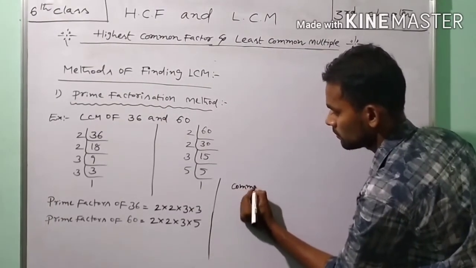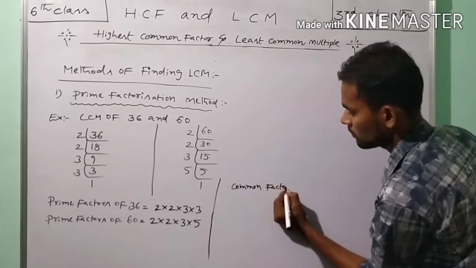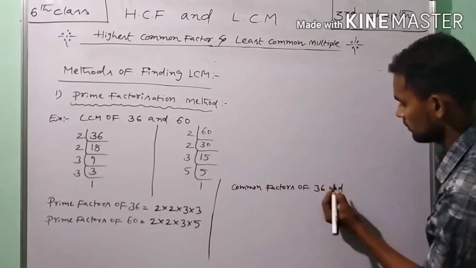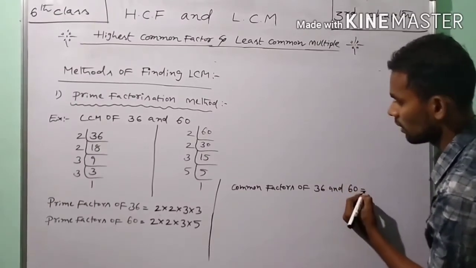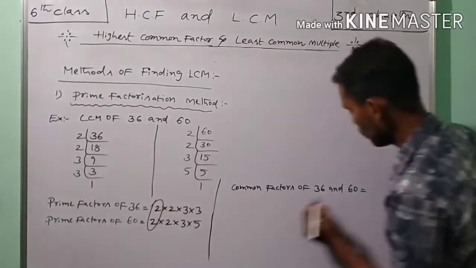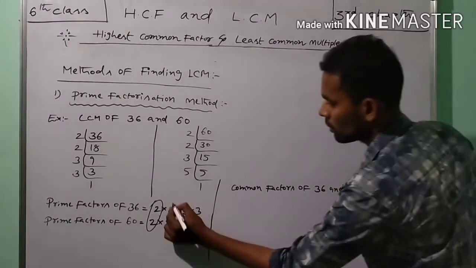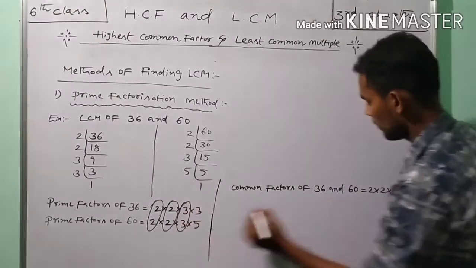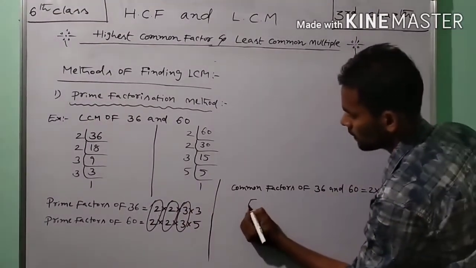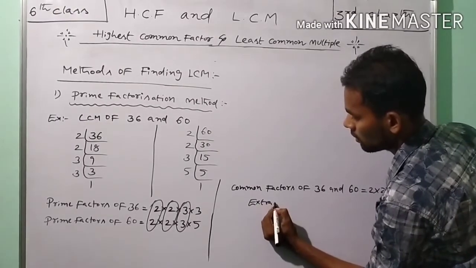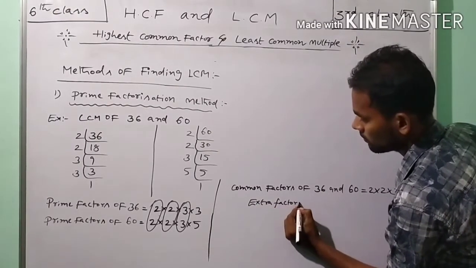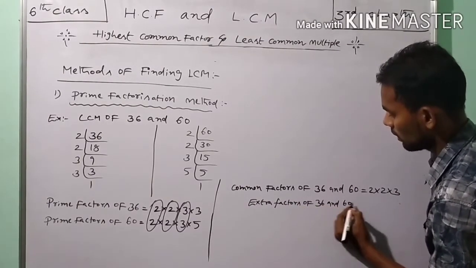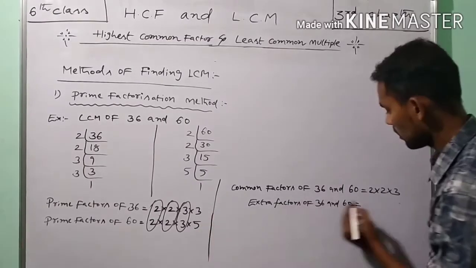Common factors of 36 and 60 equal 2 into 2 into 3. Extra factors of 36 and 60 equal 3 and 5.